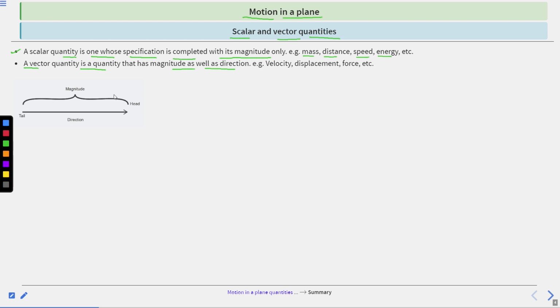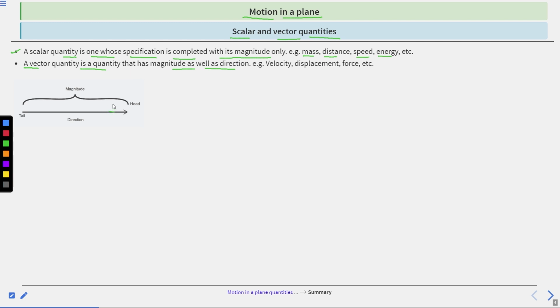Clear? Suppose in this diagram, this arrow is a vector quantity. This is the tail, and this is the head. The magnitude from this tail to head is known as the magnitude, and the direction is this side.